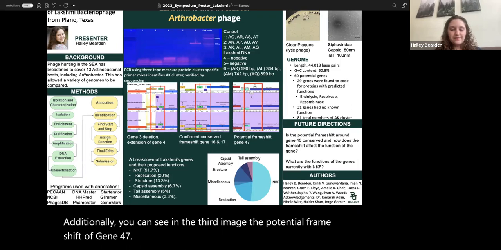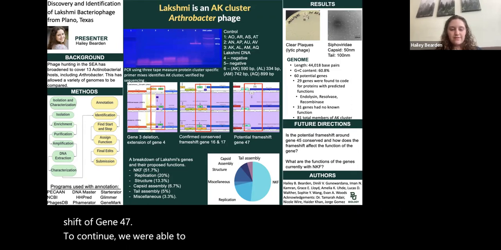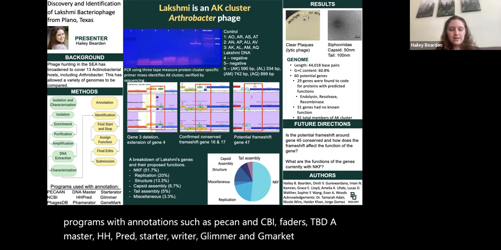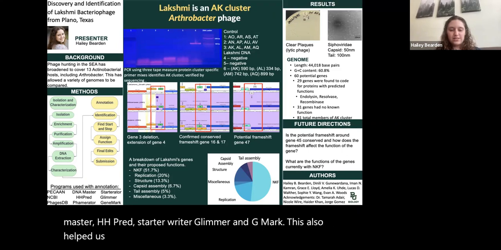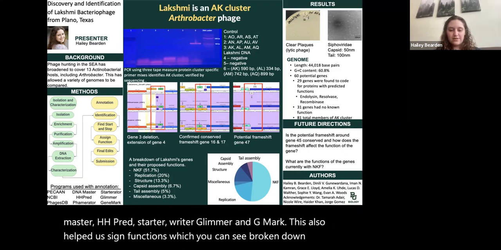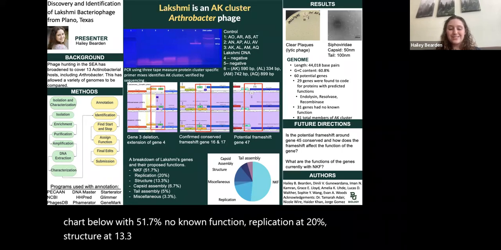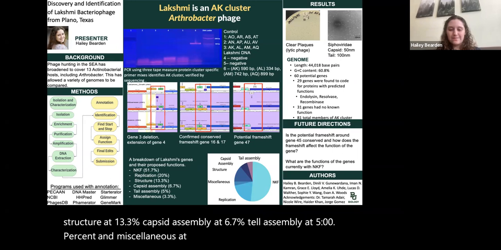To continue, along with Phamerator, we used other annotation programs such as PECAAN, NCBI, PhagesDB, DNA Master, HHPred, Starterator, Glimmer, and GeneMark. This also helped assign functions, which you can see broken down in the chart below: 51.7% no known function, replication at 20%, structure at 13.3%, capsid assembly at 6.7%, tail assembly at 5%, and miscellaneous at 3.3%.